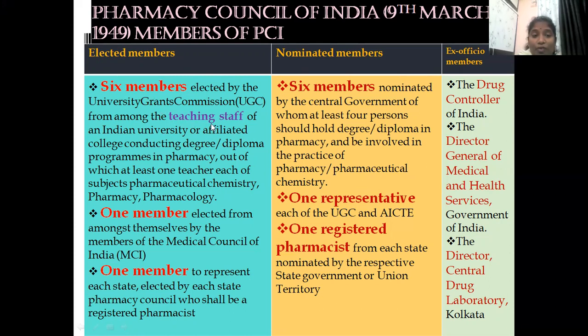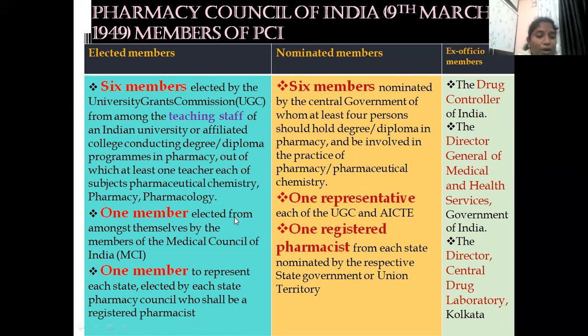The teaching staff should be qualified, holding a degree or diploma in pharmacy, and at least one teacher of each subject: pharmaceutical chemistry, pharmacy, and pharmacology. Out of the 6 members, at least 3 members should teach pharmaceutical chemistry, pharmacy or pharmacology. These subjects they should teach. Okay.